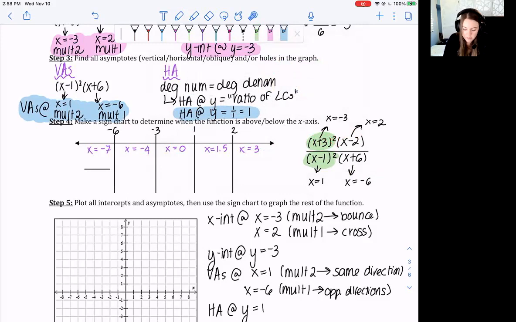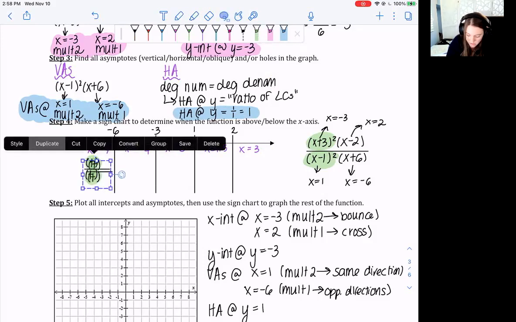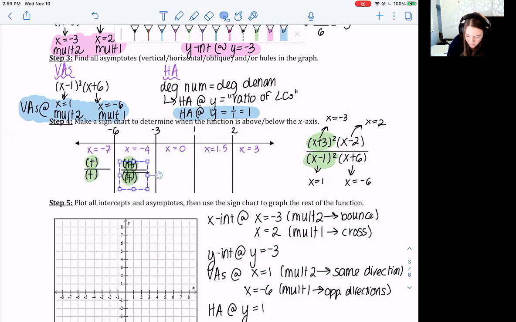Once it's squared, it becomes positive. It's the same thing for the bottom one too. So I'm just going to plug in positives immediately for those before I copy paste this into every one of these. So all we really need to plug into are the x minus 2s and the x plus 6s.